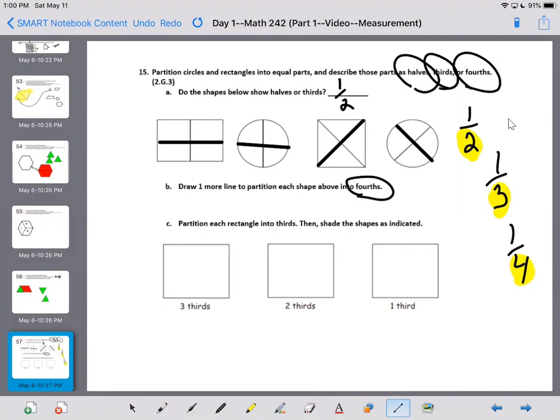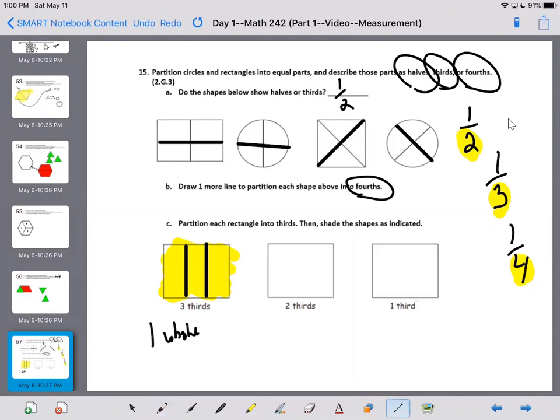Part C says partition each rectangle into thirds and then shade the shapes. So I would just encourage you to go vertically or horizontally to do that. And so I want to create thirds. And then I'm just going to show the shading of this because each one of those represents a third. So 3/3 is the same as 1 whole rectangle.